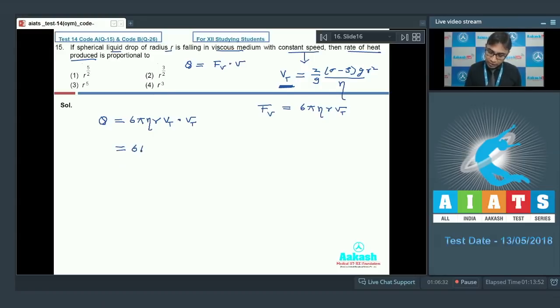So we can write 6 pi eta r vt square, and since vt depends on r square and there is one more r, this will be r into r square whole square. So we can say that this power consumption rate will be directly proportional to r to the power 5. So my option number 3 will be correct. Now let's move to question number 16.